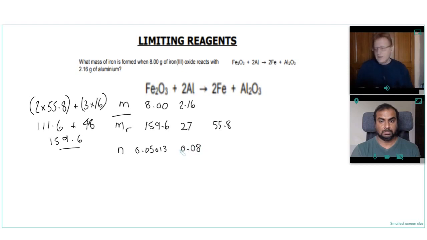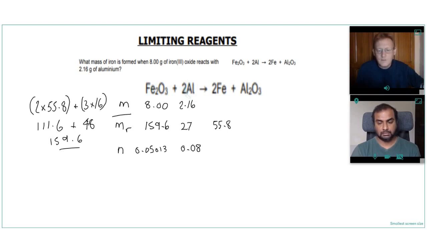So now we've got to work out which of these is the limiting reagent. If this was a 1-to-1 ratio, then our iron oxide would be the limiting reagent because it's less moles, but it's not a 1-to-1, it's a 1-to-2.